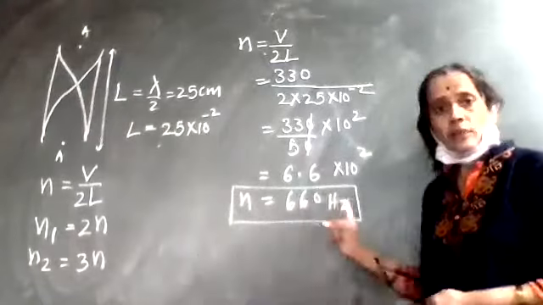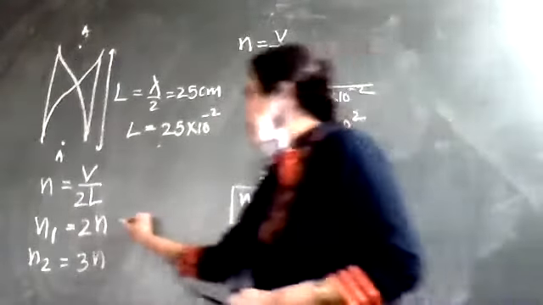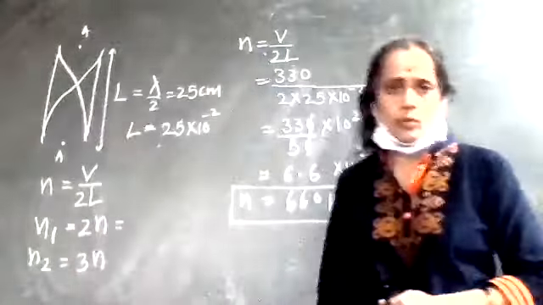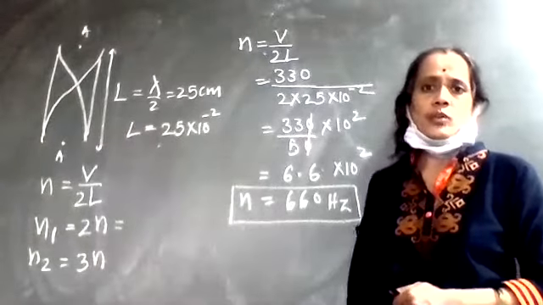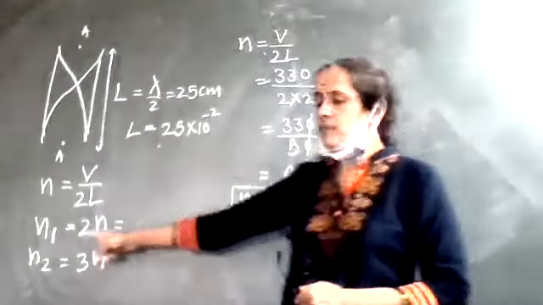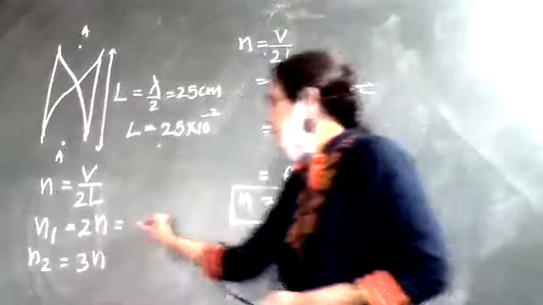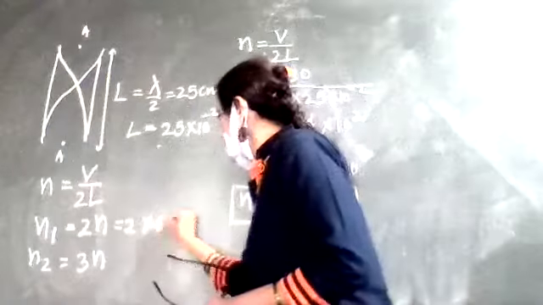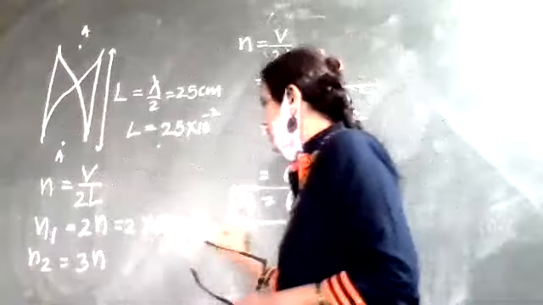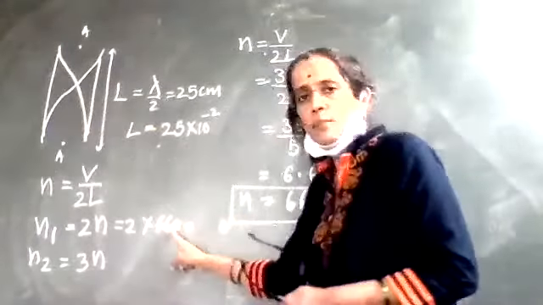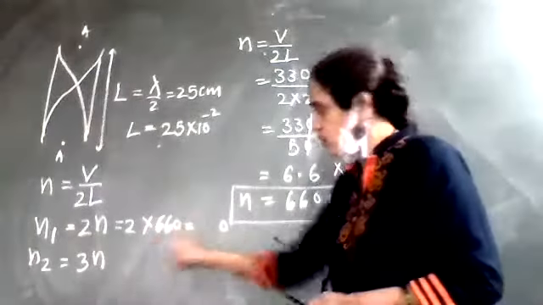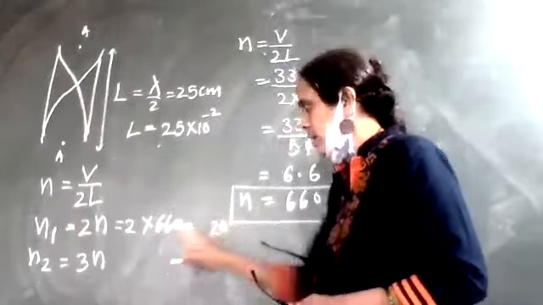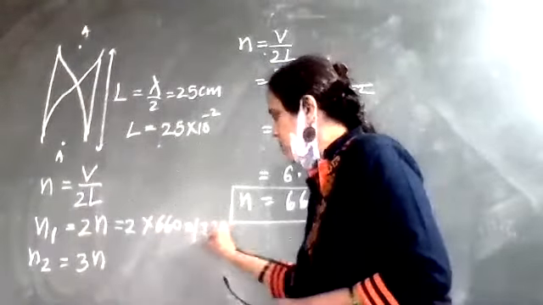Now if the fundamental frequency is 660 hertz, I can find the first overtone. What is the first overtone frequency? First overtone frequency N1 is equal to 2N, which means 2 multiplied by 660. You can just multiply by 2: 2 zeros are 0, 2 6s are 12, 1 carry, 2 6s are 12 plus 1 is 13.